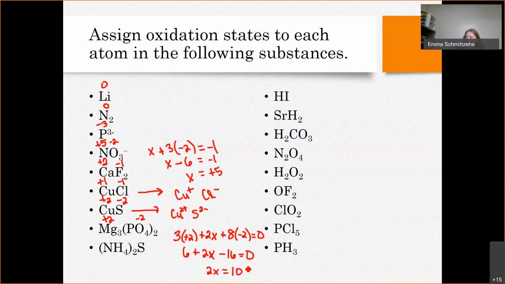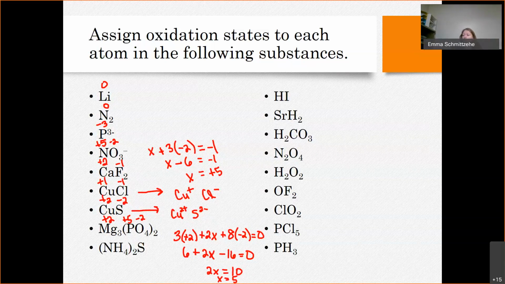And then that means x has got to be equal to 5. And so my phosphorus here is +5, okay? And you can do some of this stuff in your head after you have done a few, and so that's fine. But if you need to, you sit down and write these equations and figure it out, okay?